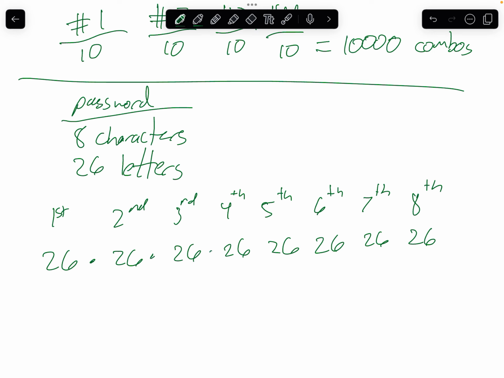So 26 times 26 times 26 times 26 times 26 times 26 times 26 times 26. What we find is that number is very big. That number is 26 to the 8th power.